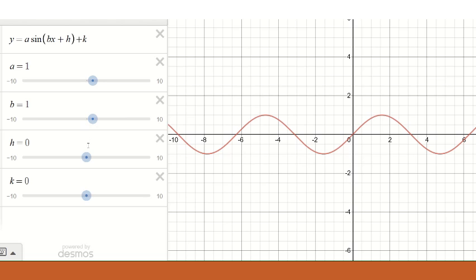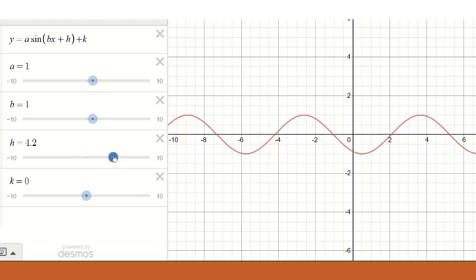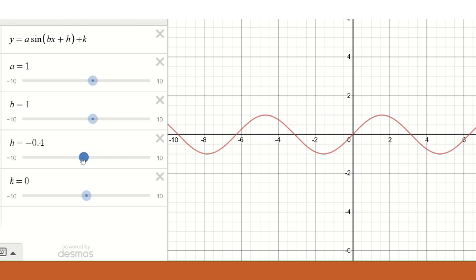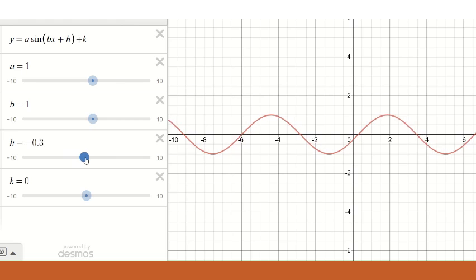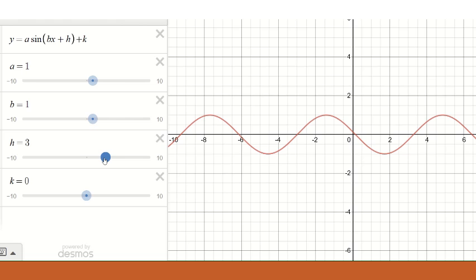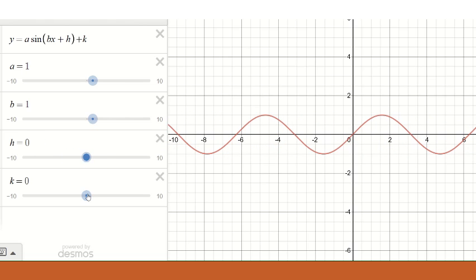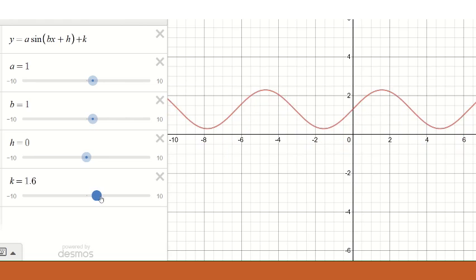All right, so let's explore h and k. As I move this, you can see h moves left and right, just like in all of our other functions that we've done. So it's the same as everything we've done before, right? And in fact, you can see h also moves backwards just like before, right? Now what about k?